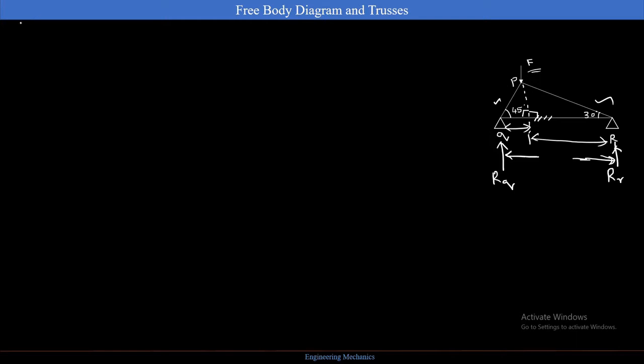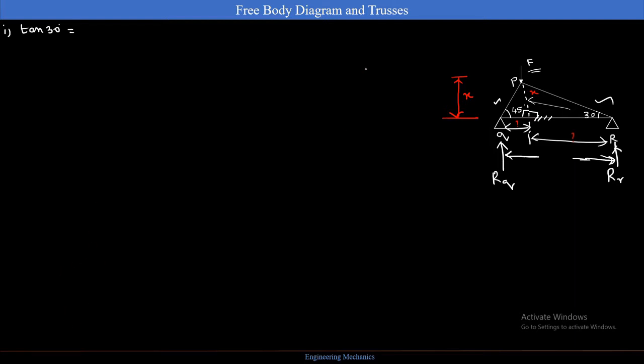My first step is to take tan 30 degrees. What is that? Opposite by adjacent. This is my opposite, and I will name it x. The distance from this to this is x, and I need to find this one and this one.